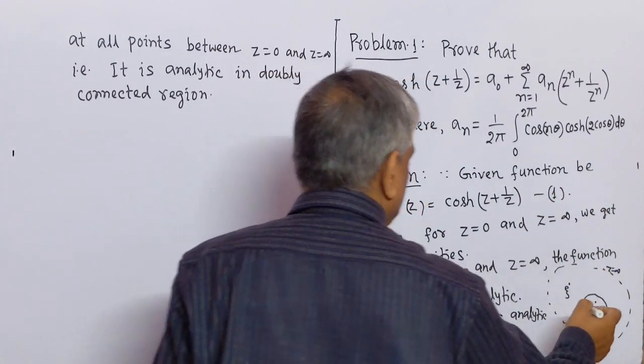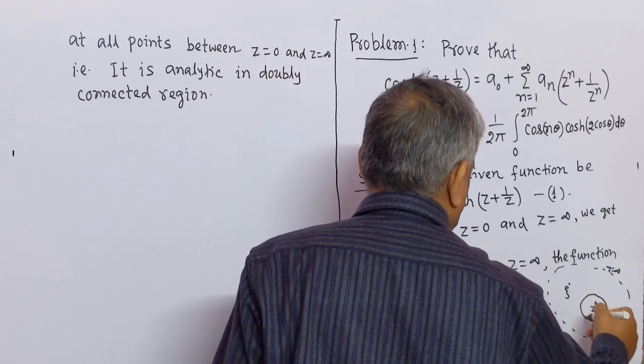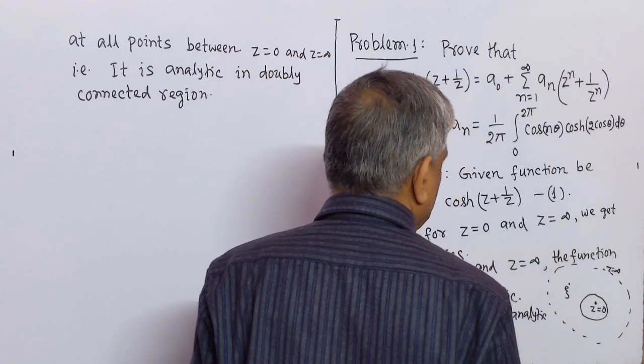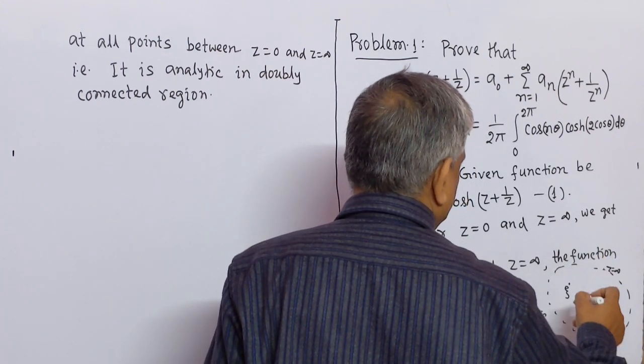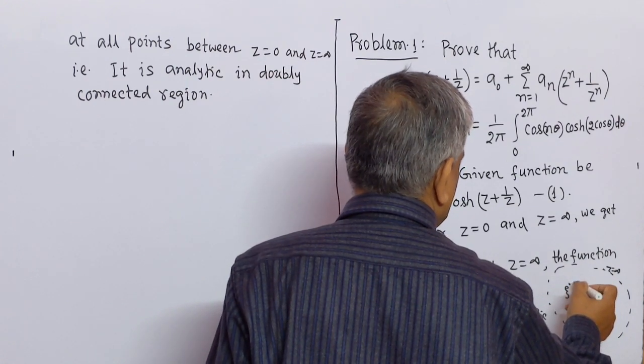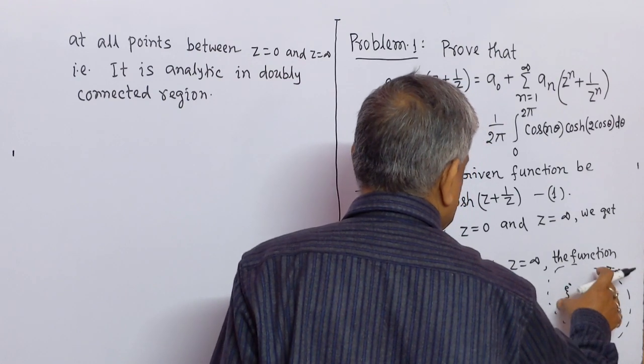Doubly connected region means if we draw a circle around z equal to 0 and a circle at infinity, the function is analytic between these regions.